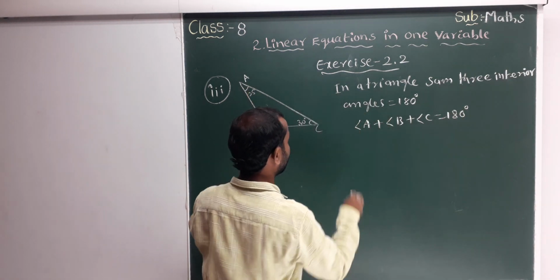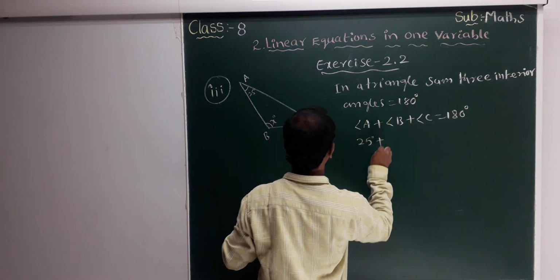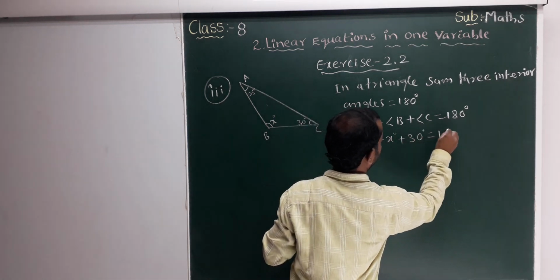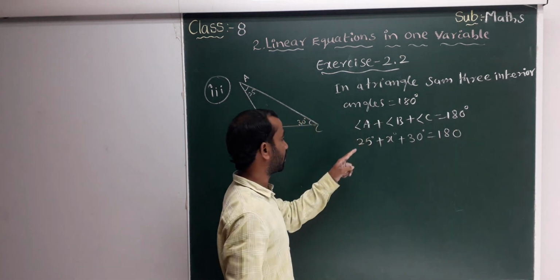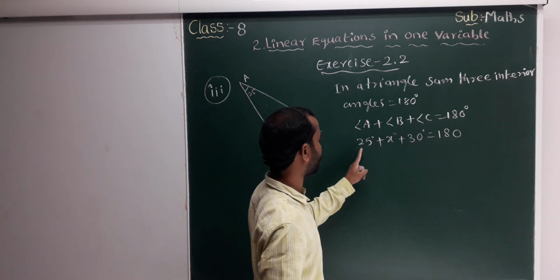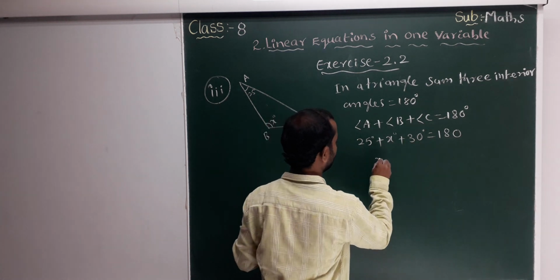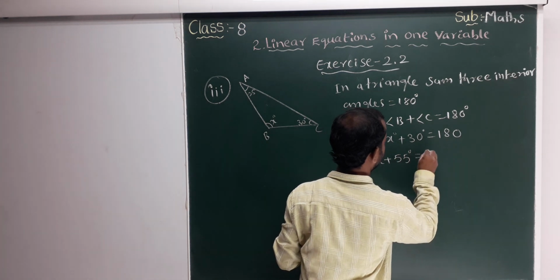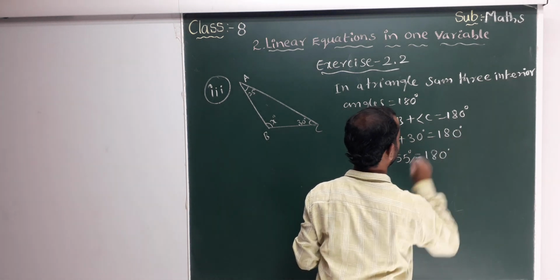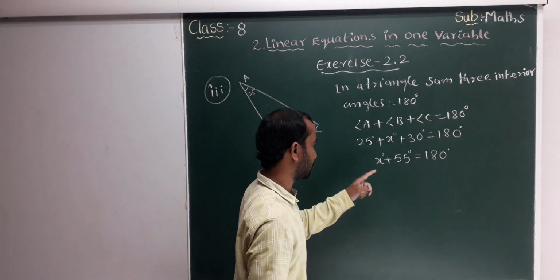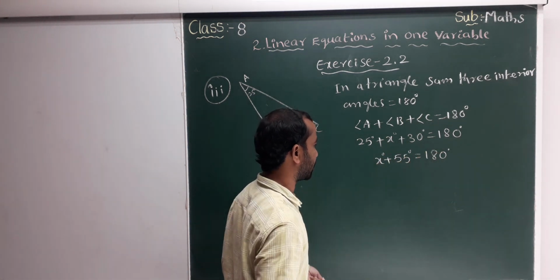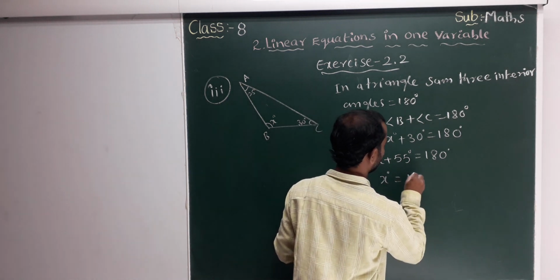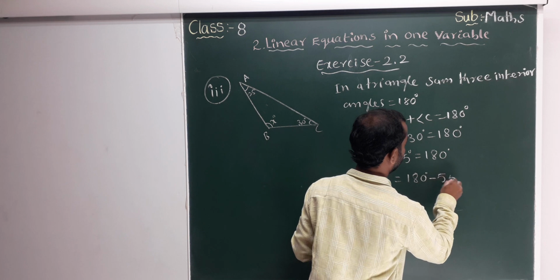Here angle A value is 25 degrees. Next, angle B is x degrees. Angle C is 30 degrees. That equals 180. So we have two constant terms. 25 plus 30, that equals 55. x degrees plus 55 degrees equal to 180 degrees. 55 is addition, transposing to right side becomes subtraction. x degrees equal to 180 minus 55 degrees.